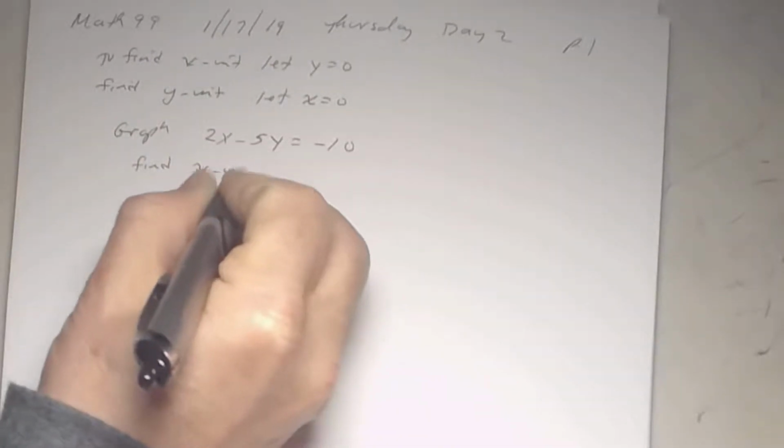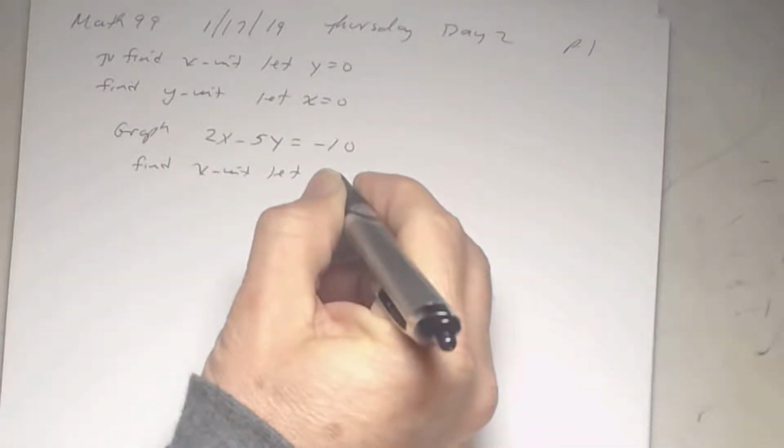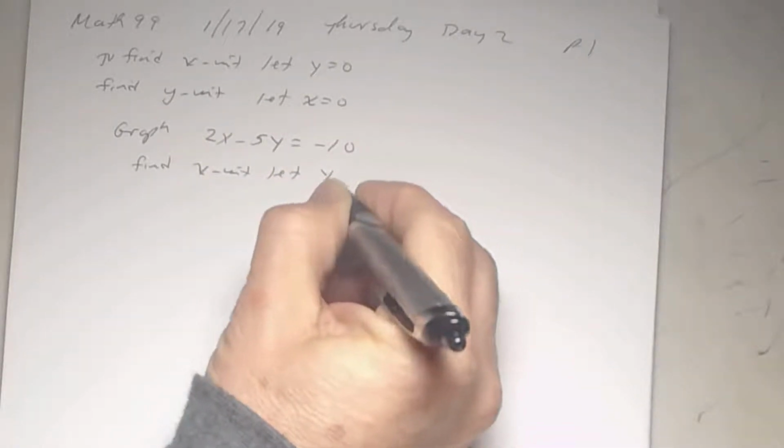All right, so they want you to graph this by using intercepts. So always make sure you follow directions. So don't use a t-table. You use intercepts. So let's do the x-intercept first. To find the x-intercept, what do you let? y equals 0.